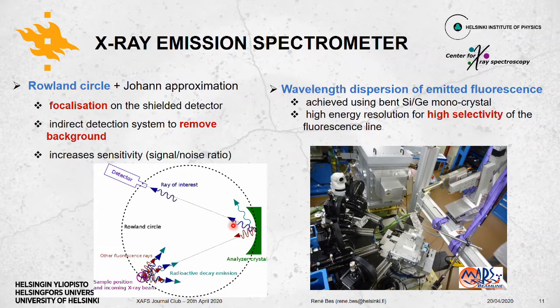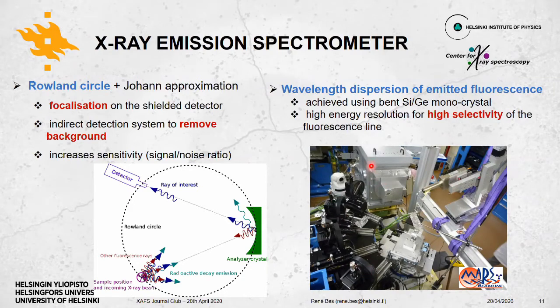The geometry is based on wavelength dispersion of the emitted fluorescence using, for instance, silicon or germanium bent monocrystals. And you can achieve high resolution for the separation of the fluorescence lines of samples containing almost all of the periodic table. You have here a picture of the emission spectrometer consisting of 4 crystal analyzers on the MARS beamline.